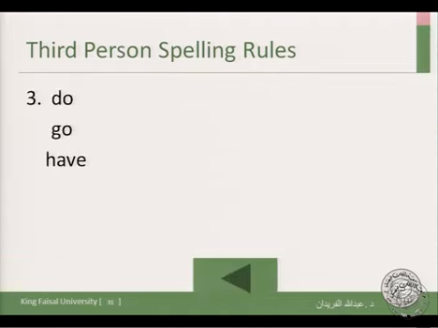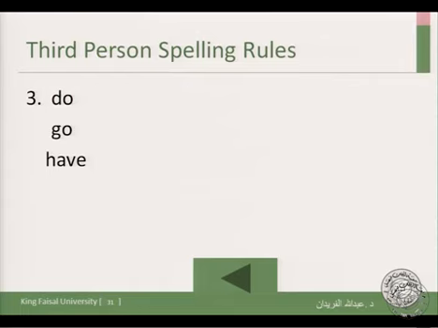We have do, go, and have. We have another rule here. Do becomes does. We add es. Go becomes goes. Es. Have becomes haves? No, it becomes has. We change the verb into has.